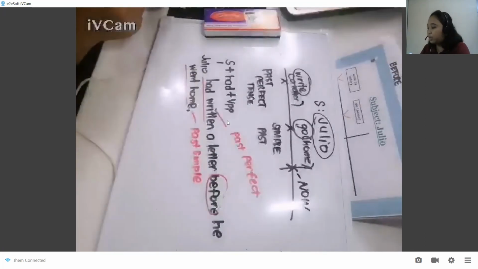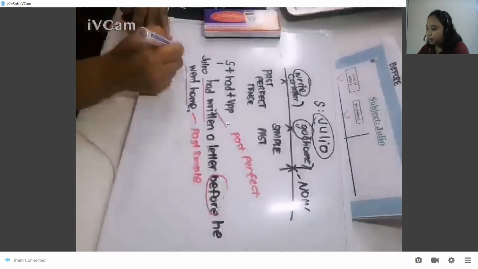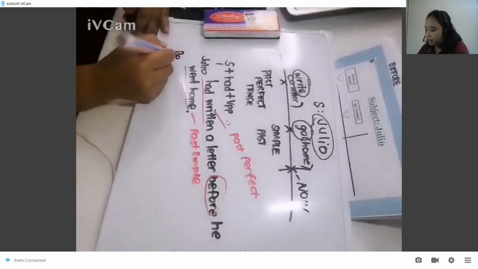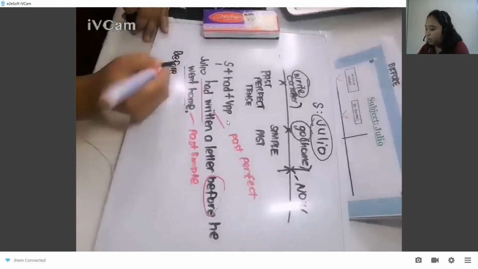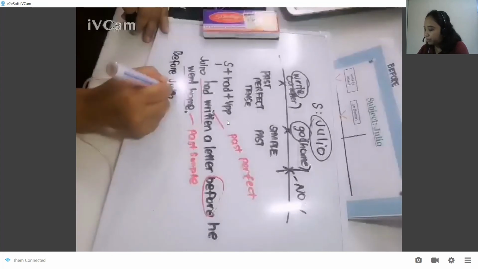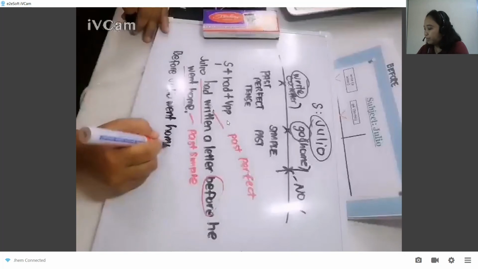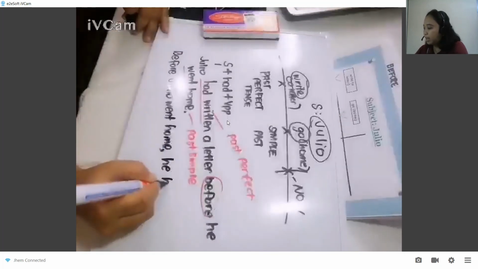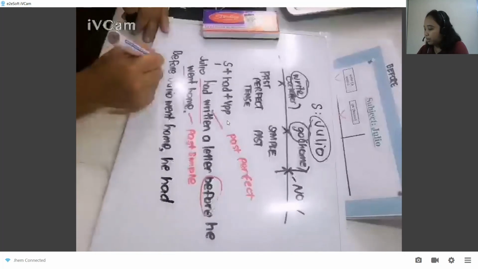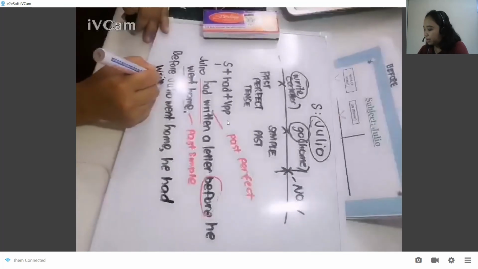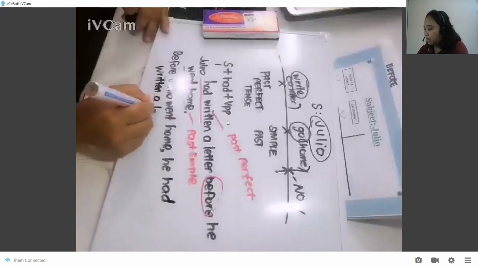We can start with the conjunction before. So you can say, before Julio went home, he had written a letter.